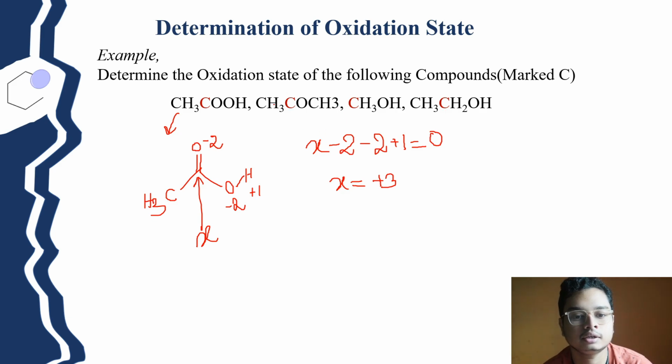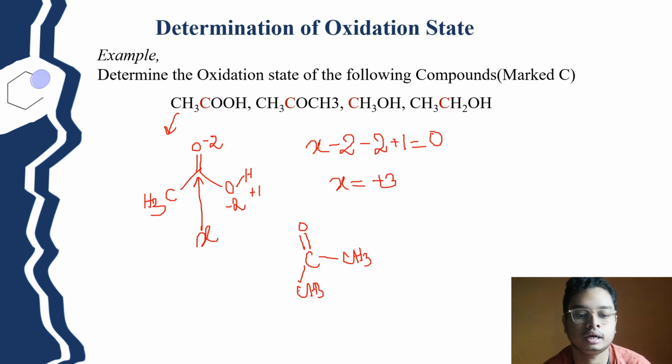Similarly, let us determine the oxidation state of this ketone. This will be easy. These two carbons, this is also carbon, so they are similar atoms. You might be confused about why this hydrogen is not considered.